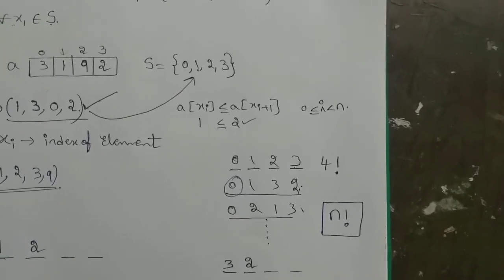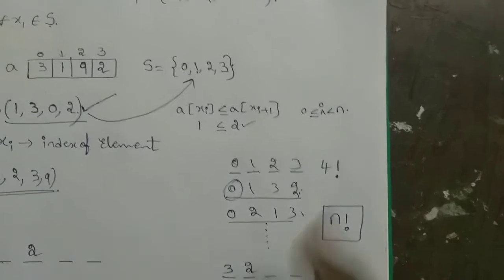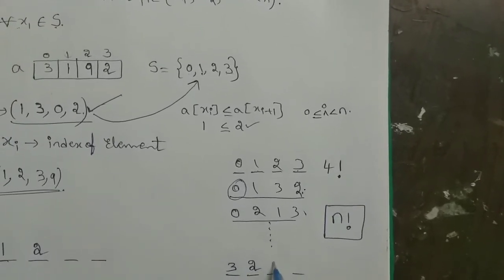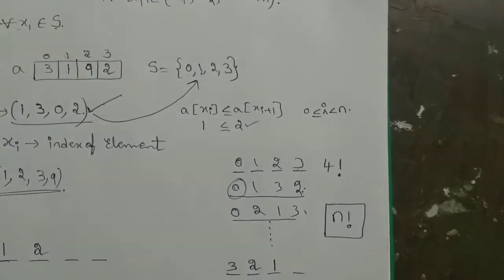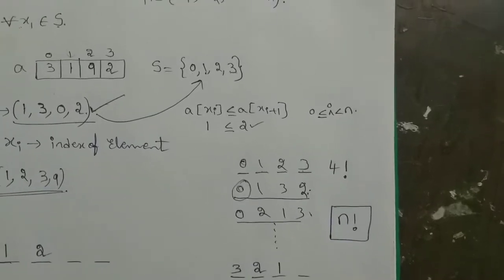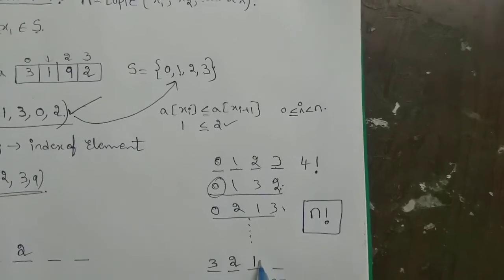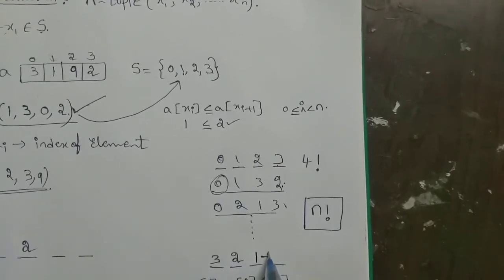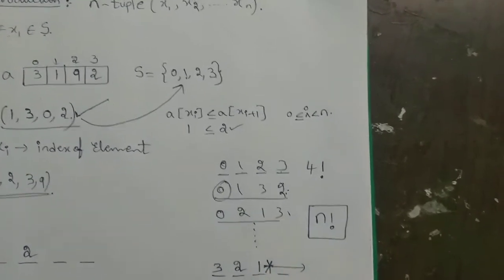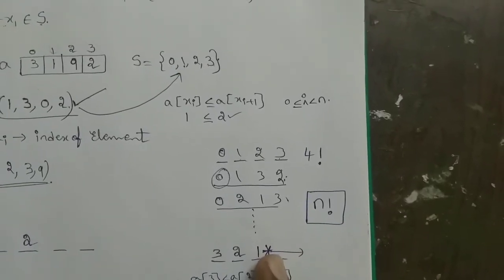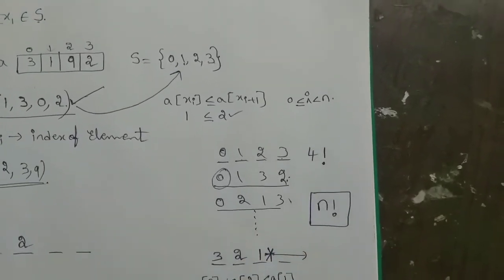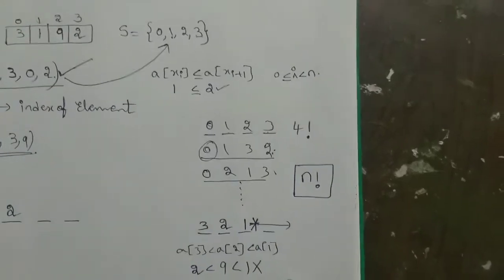Yeah, it is correct. Next, for example, if it has generated index number 1, is a of 2 less than a of 1? Is 9 less than 1? No, the constraint failed. Therefore, our backtracking algorithm stops here, and it won't generate the tree further. That is the reason by using backtracking, we can save a lot of time.